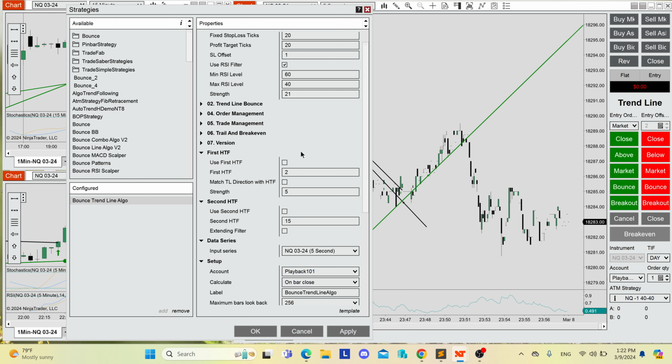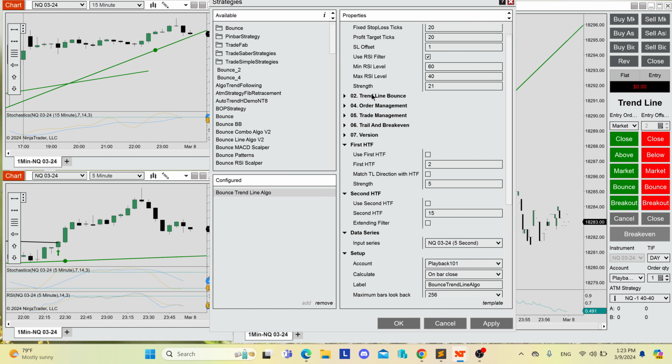So here we come to the first HTF and second HTF. HTF stands for higher time frame. The system supports three time frames: your primary, which is on the right here, then a first higher time frame and a second higher time frame.